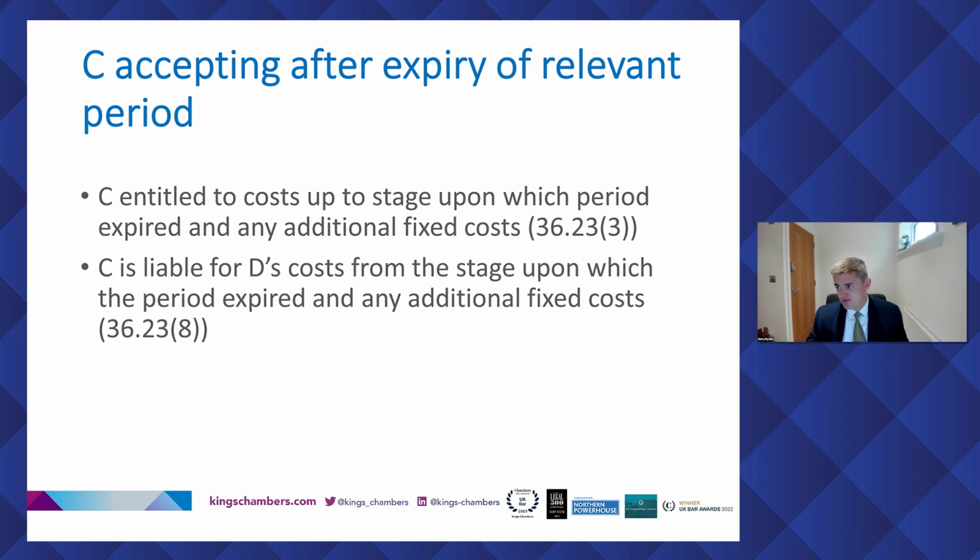Whereas in 36.23 we don't have that unjust to do so provision. Rather, it's a lot more hardline and clear-cut in what the judge is going to do in terms of costs. So again, one little nuance to just keep an eye on in terms of how it's different to under 36.17. We don't have that unless unjust provision.